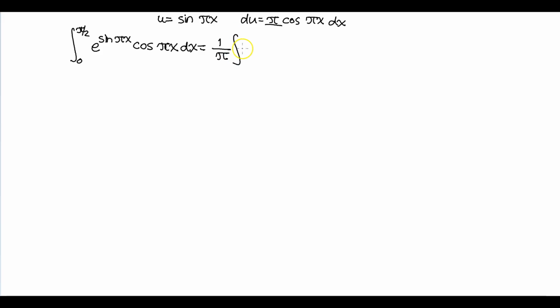And we have pi e to the sine pi x cosine pi x dx. Now using this, you can easily make a substitution: e to the u du. du is this quantity, and u is this quantity, so this turns into a much simpler integral.